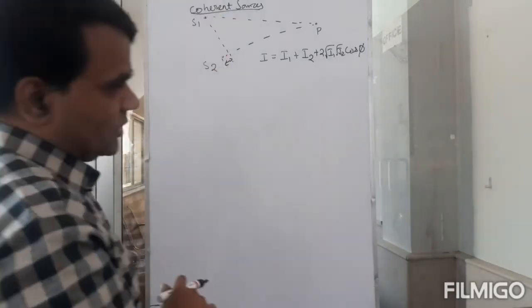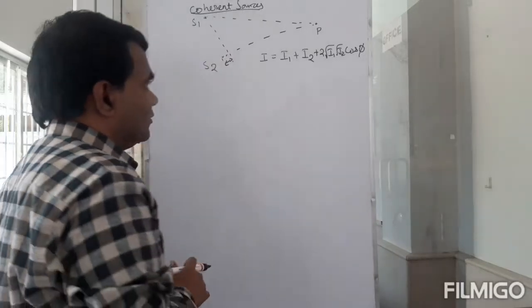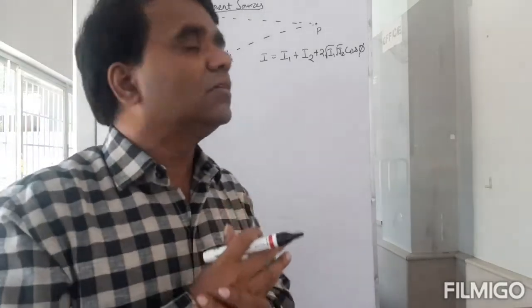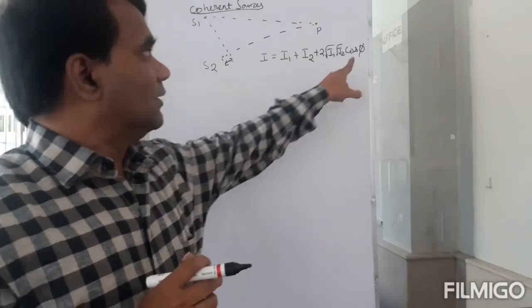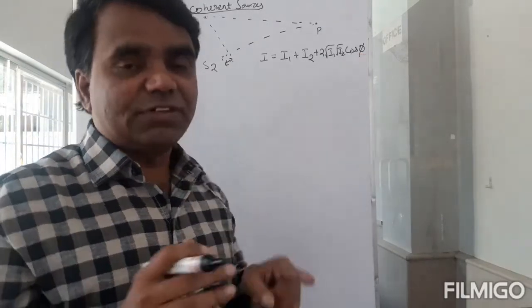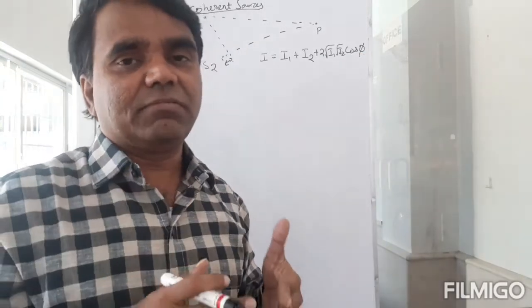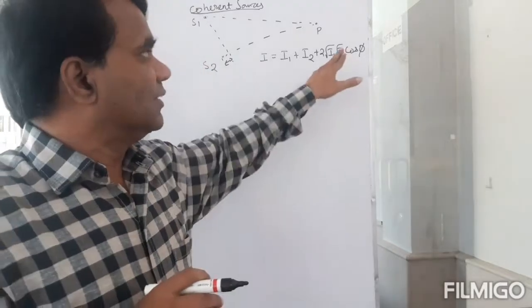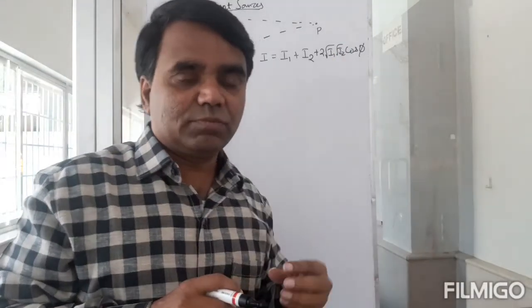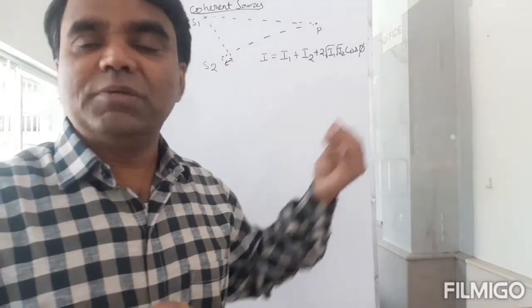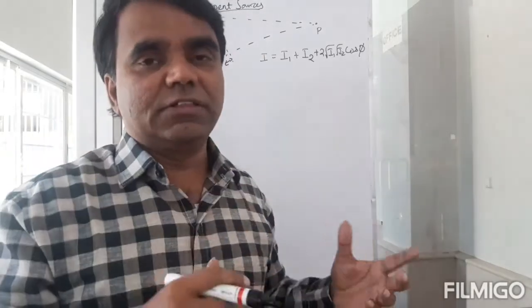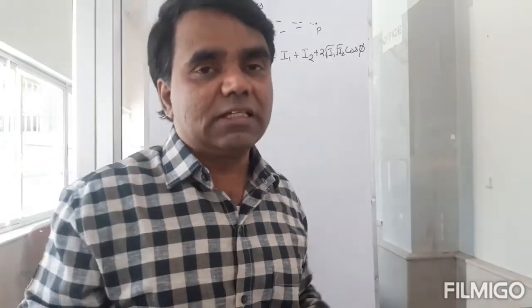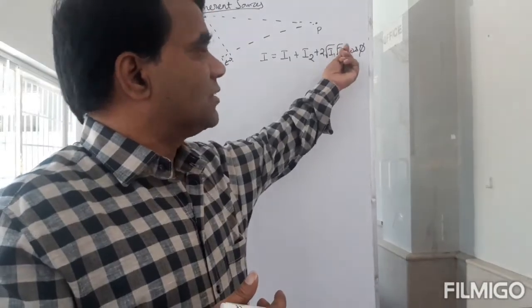So these are coherent sources, but for incoherent sources, the sources which are not coherent, the phase difference is not going to remain the same. It will keep changing with time. At one point in time, you may have a 30-degree phase difference, and at another point in time, you may have a 45-degree phase difference, and at another point in time, something else. So this phase difference keeps changing.